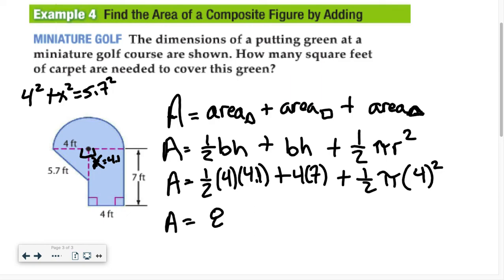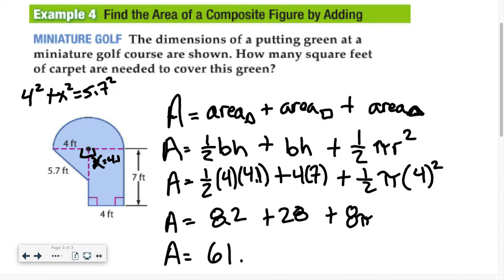This becomes 8.2 plus 28 plus, 4 squared is 16, divided by 2 is 8, 8 pi. 8.2 plus 8 pi plus 28. The area of this shape is 61.3 feet squared. All right. So composite figures, just break it down into shapes that you know the area for, and find those. All right.